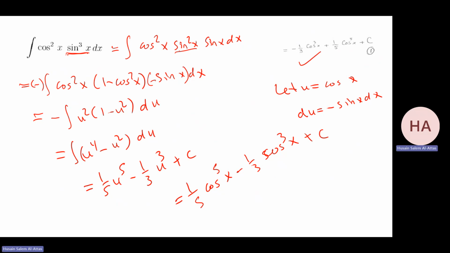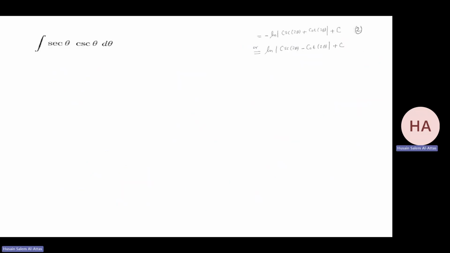Here I just wrote it in a different way: secant times cosecant. What is this? If you don't have a way to do it, then just change everything to sine and cosine. Let us do this.